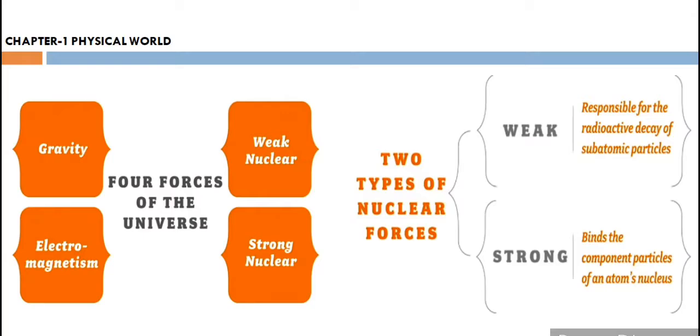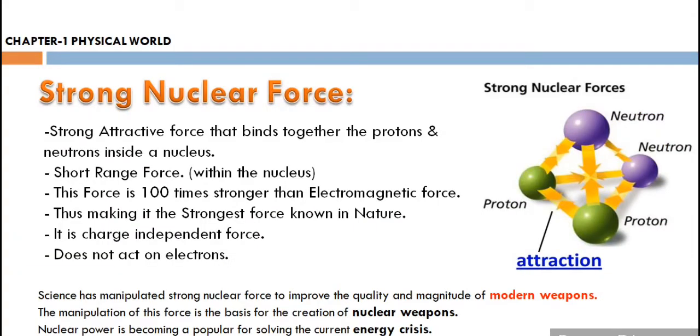Clear? So right now you understand that whatever binds the nucleus, inside the nucleus, neutrons, protons, that is nothing but the strong nuclear forces. Let us go one by one and let us see in detail. So starting with strong nuclear force.